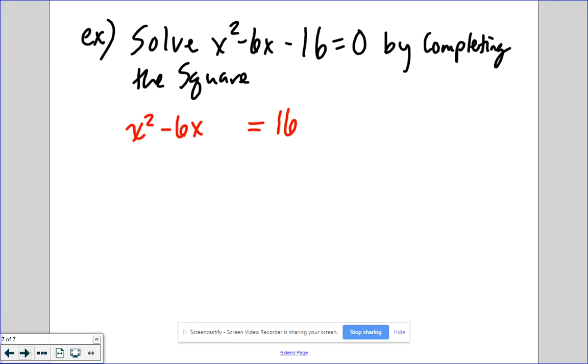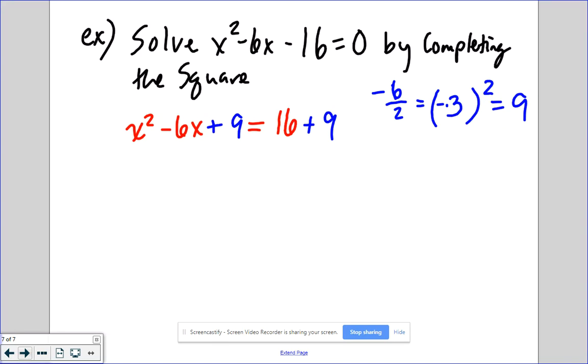Reason I do that is the next step is to take my b value, which is negative 6, divide it by 2, which is negative 3, and square it. Negative 3 times negative 3 is 9. And then I add that to both sides. Everybody with me?